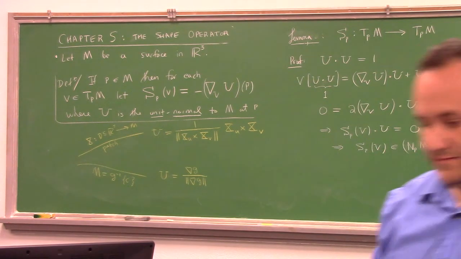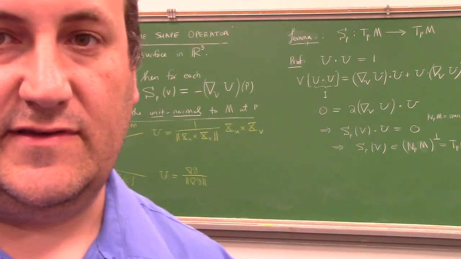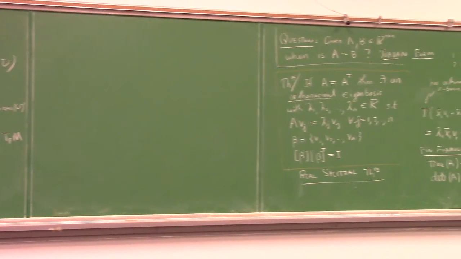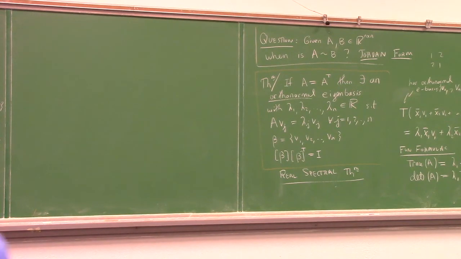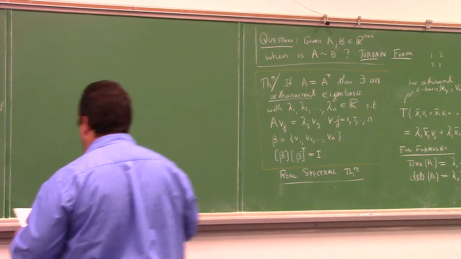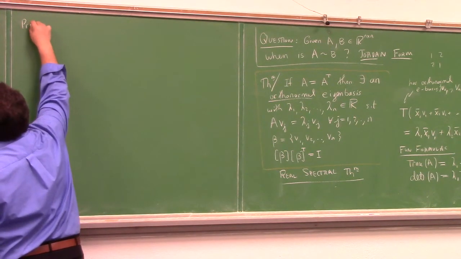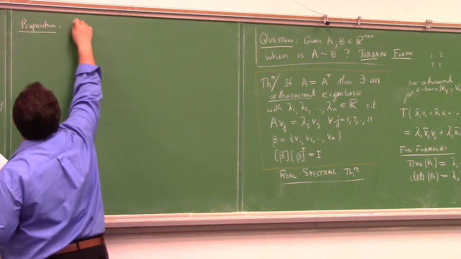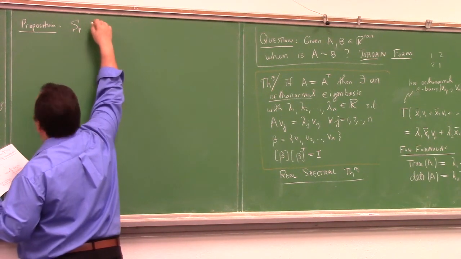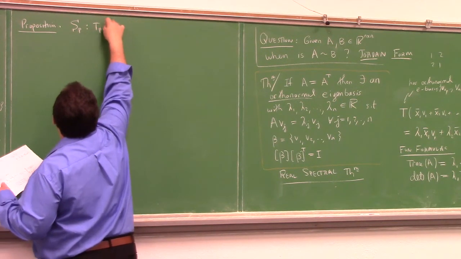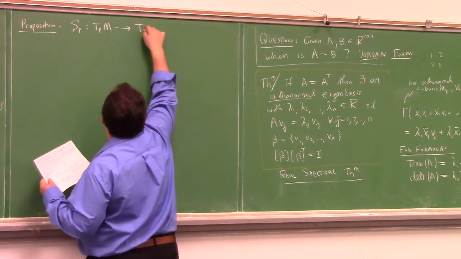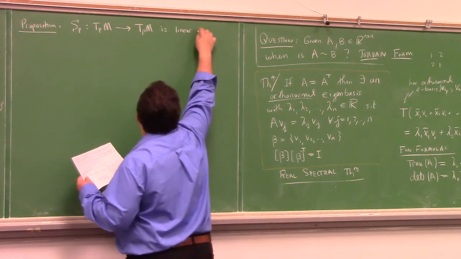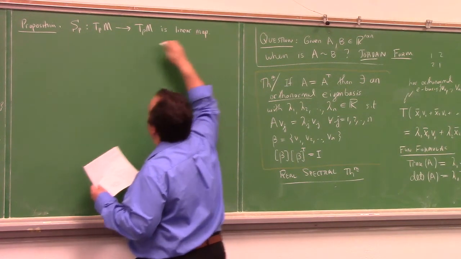Which means we can ask other questions, like, is it a linear function? What do you guys think? That's my next proposition: the shape operator is, in fact, a linear transformation. It's a linear map on the tangent space.